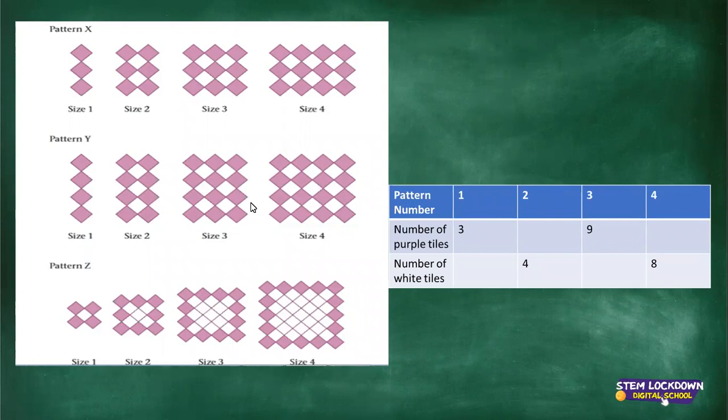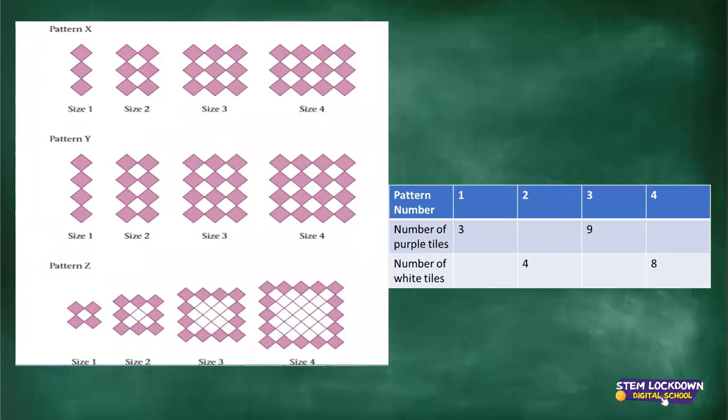For pattern Y, as we are seeing on the screen, we have 4 purple tiles. For size 2, we have 8 purple tiles and 3 white tiles. For size 3, we have 12 purple tiles and 6 white tiles.